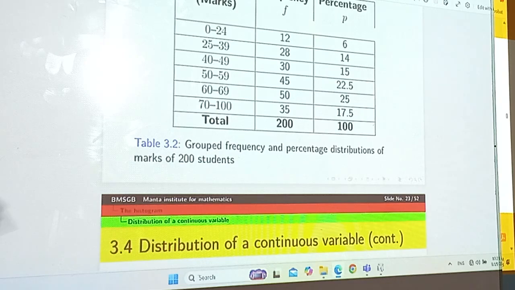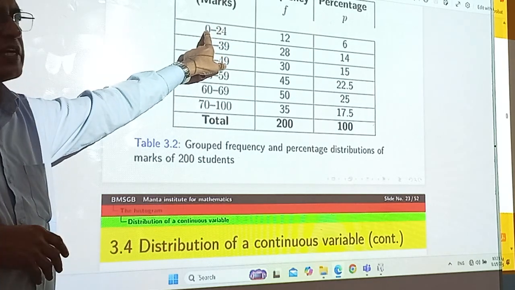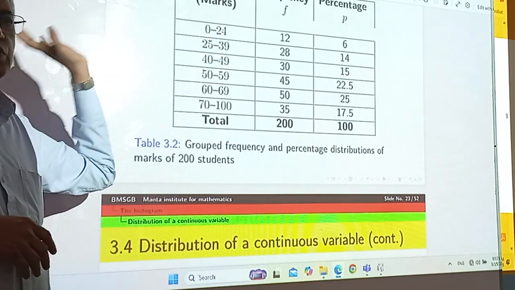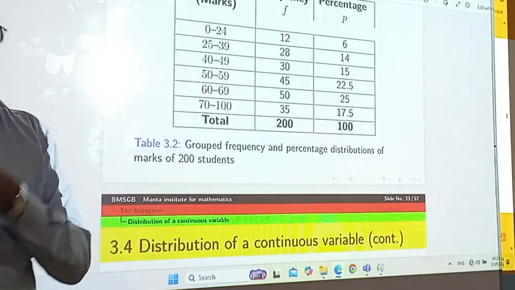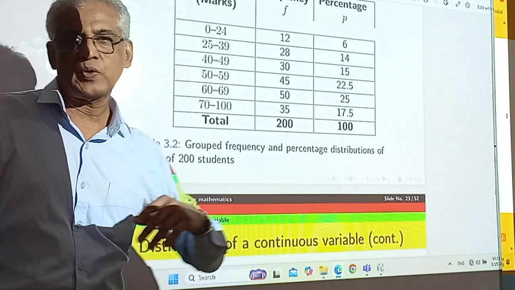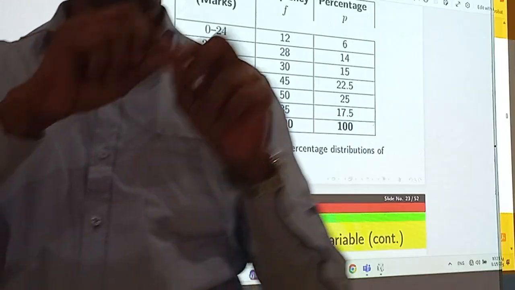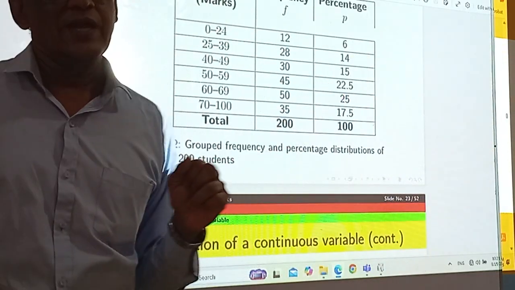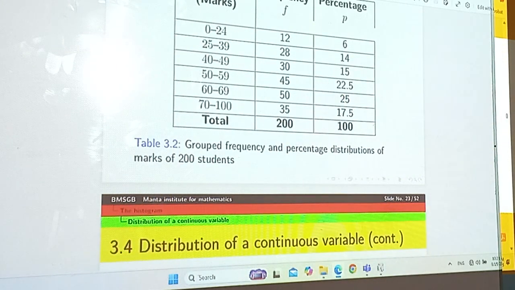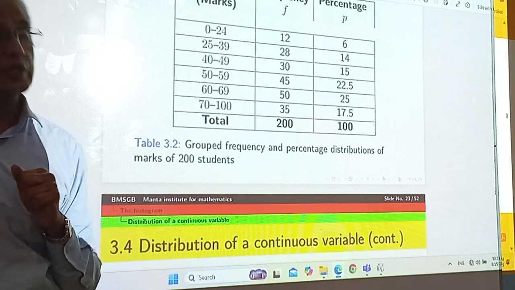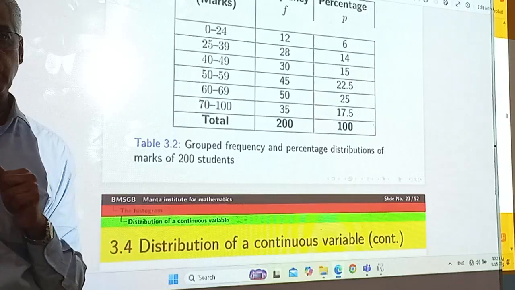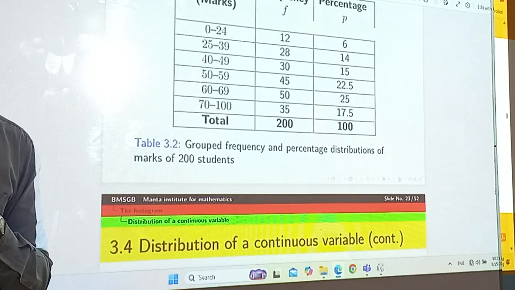You know that this 0 definitely means 0, right? Because you don't give negative values. 0 means 0. But 24 means what actually? Because this is a continuous variable, any actual mark up to 24.5, not including 25.5, well, 24.5 will be recorded as 25.